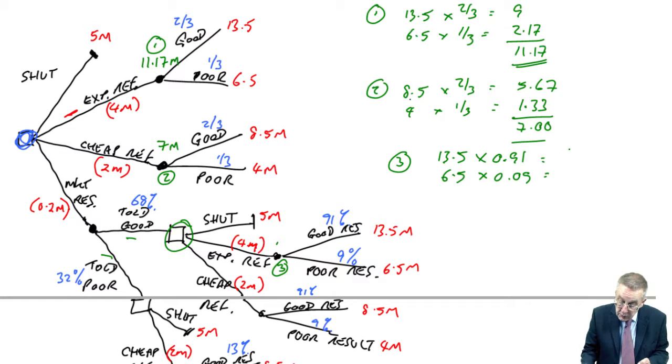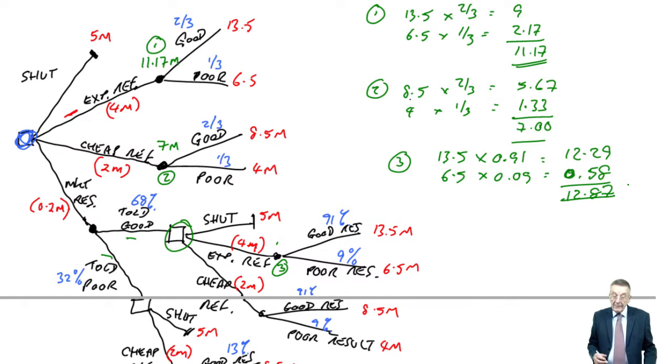So multiplying, 12.29, not really, a bit of rounding, 0.5, 8, 12.87. So the benefit of expensive would be 12.87.